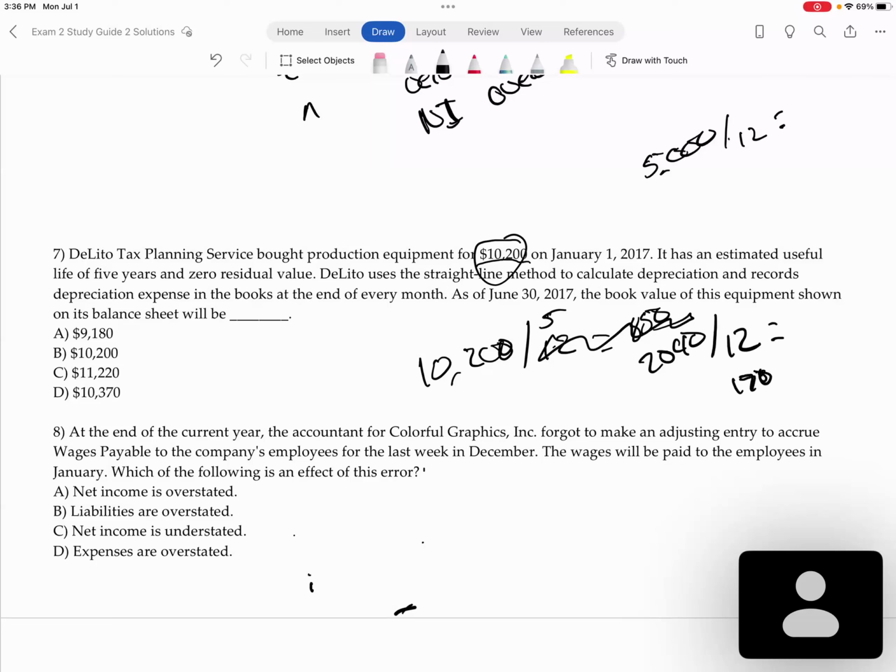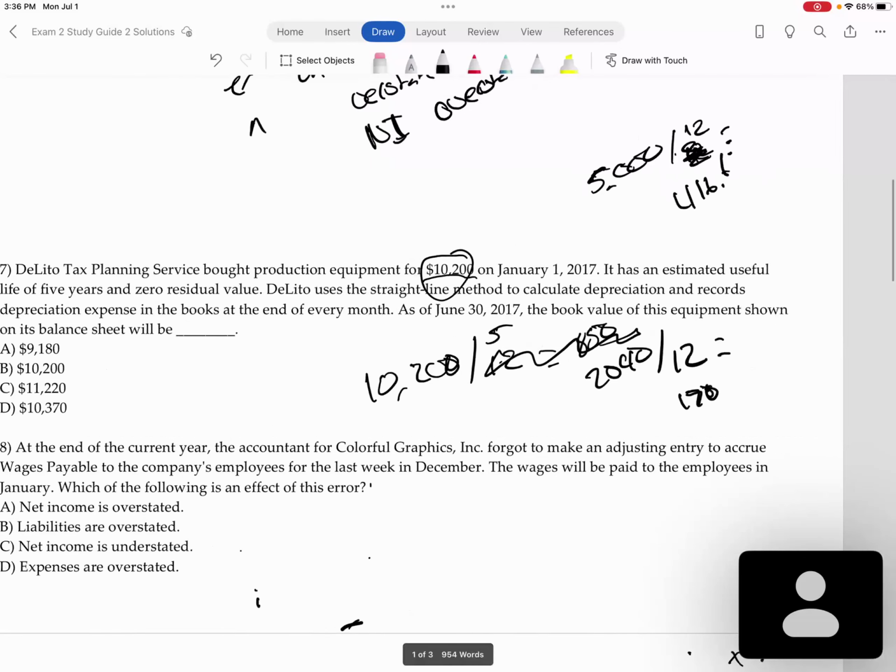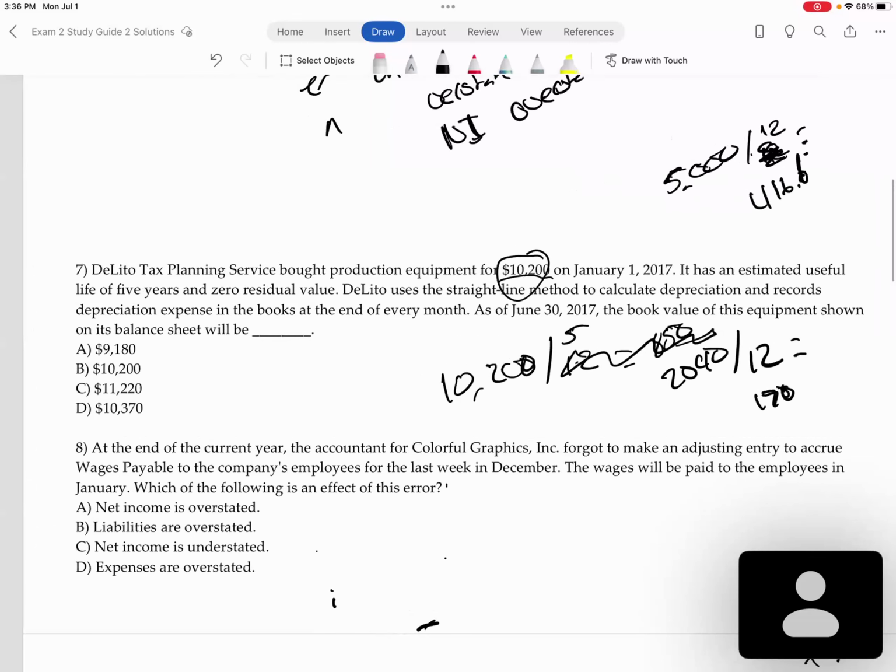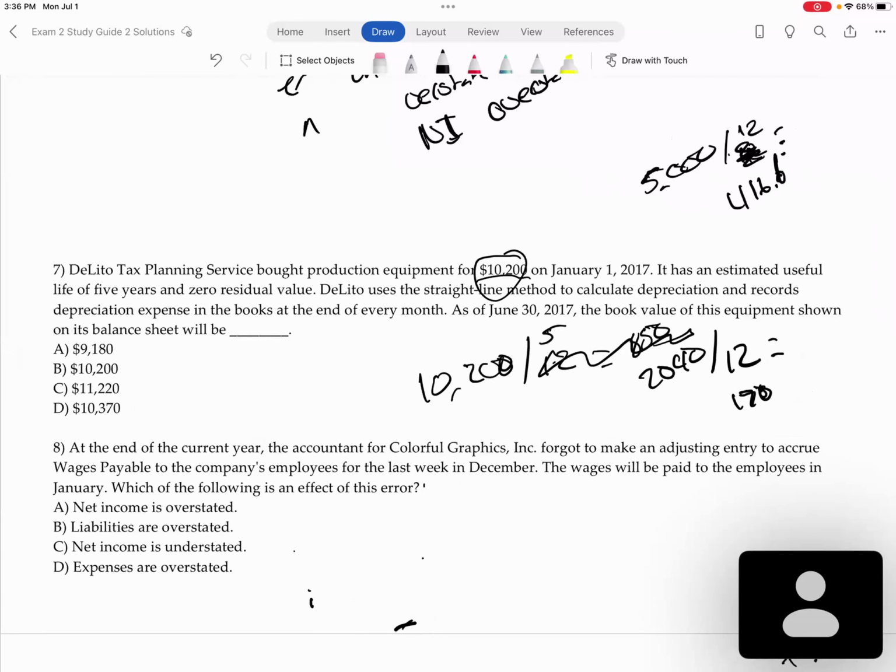Okay. And so then this one, let's just pretend it's $5,000 is what it cost us as a 12-year useful life. So 5,000 divided by 12. That gives us kind of a goofy number, 416.67. There's a dead spot on this screen.